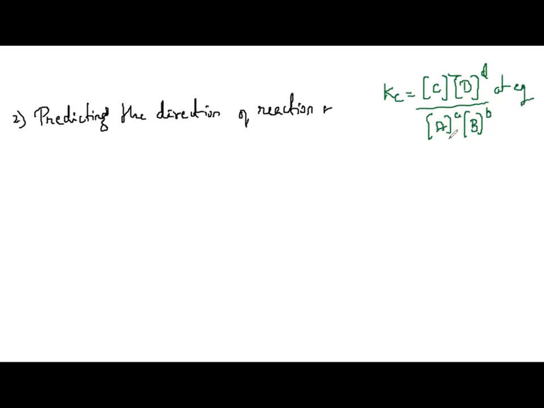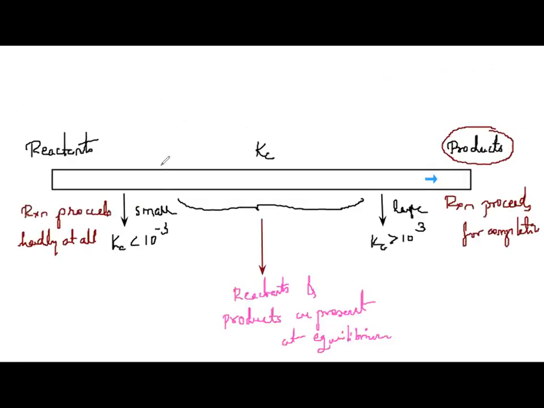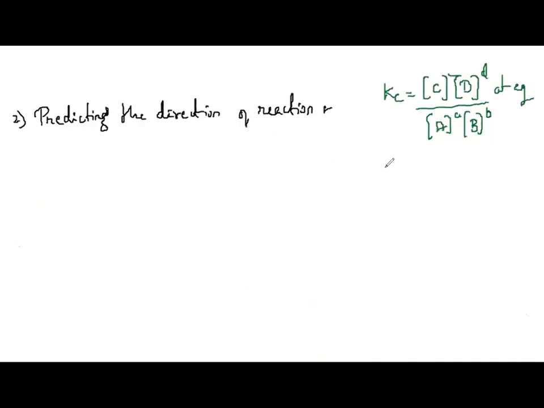But what if it is somewhere at a certain point before or after equilibrium? It will still have some quotient, and that is called Qc.